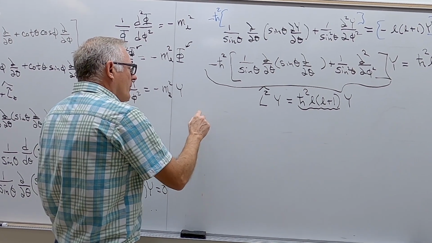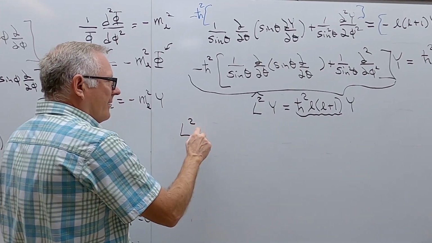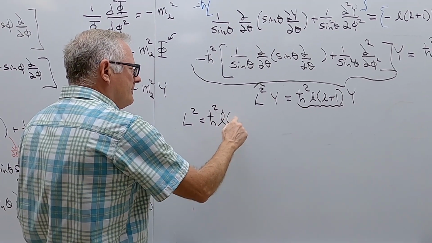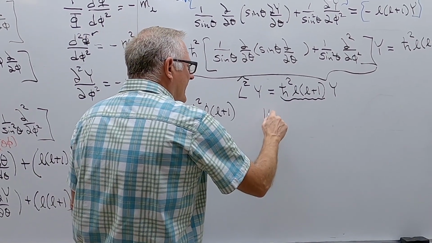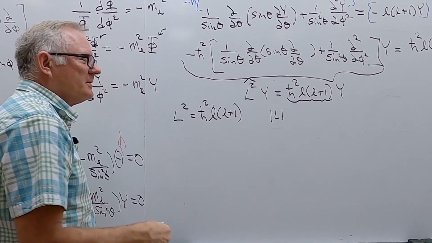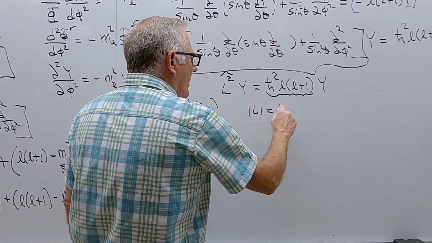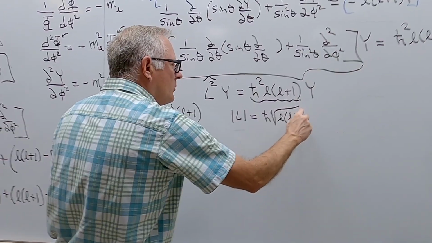So angular momentum squared, at least the magnitude, is just h bar squared L times L plus 1, or the magnitude of the angular momentum is h bar times the square root of L times L plus 1.